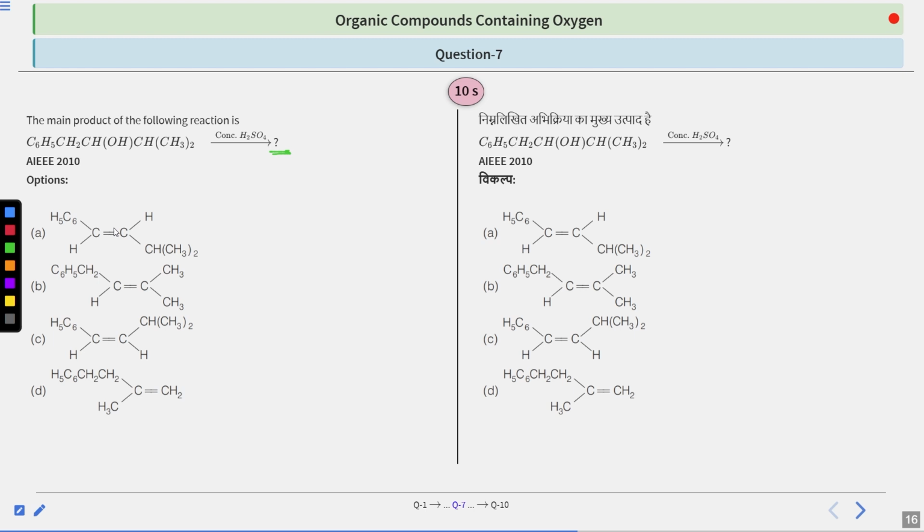Options are alkenes, of course: C6H5CH=CH-CH(CH3)2, or C6H5CH2CH=C(CH3)2, C6H5CH=CH-CH(CH3)2, or C6H5CH2CH2C(CH3)=CH2.